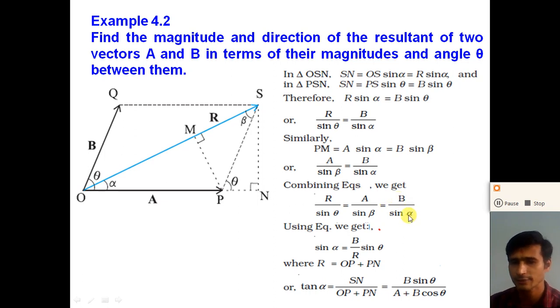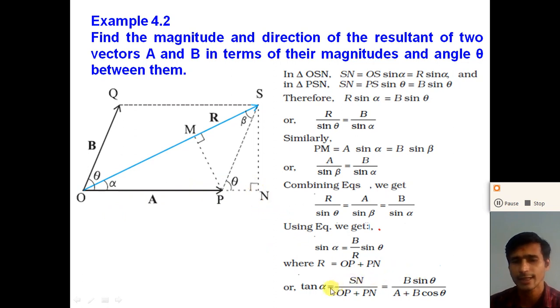Here R is equal to OP plus PN, where OP is the magnitude of the vector A, and PN is the component of the vector B in the direction of A, B cos theta.